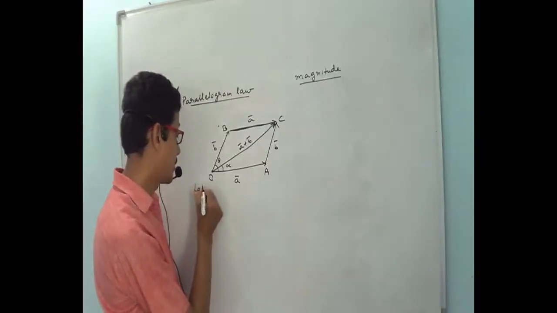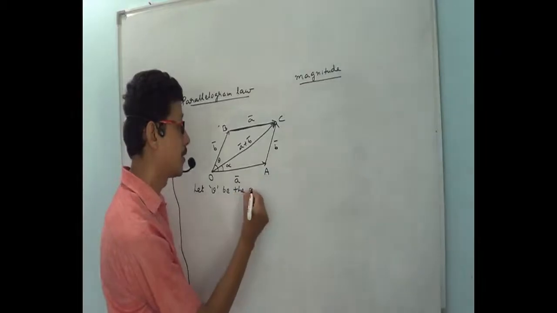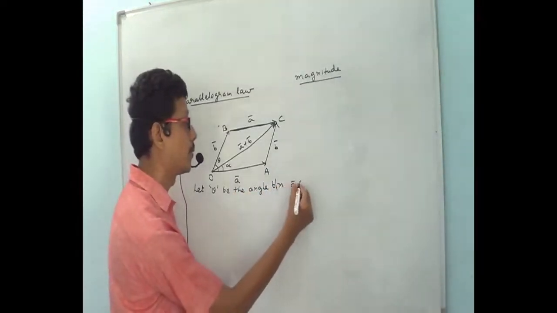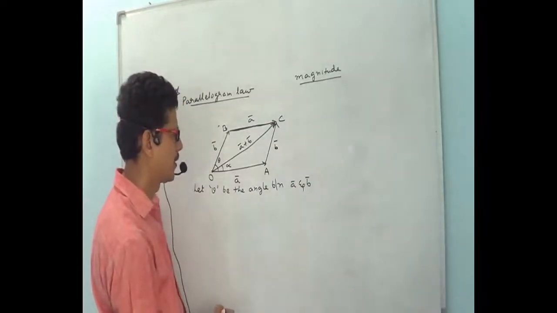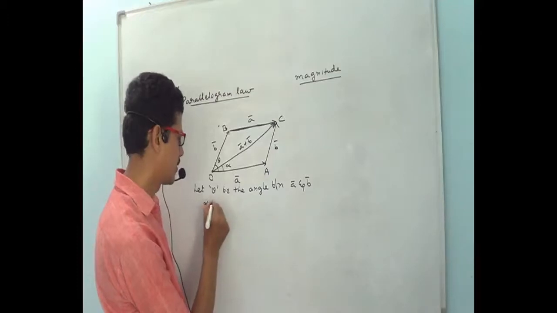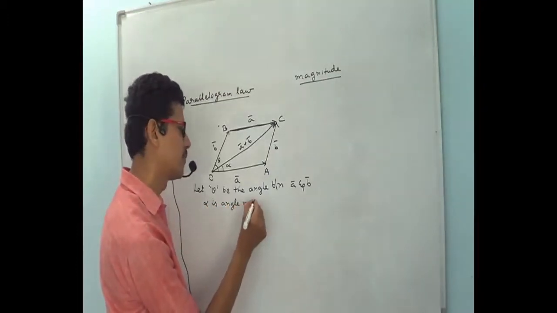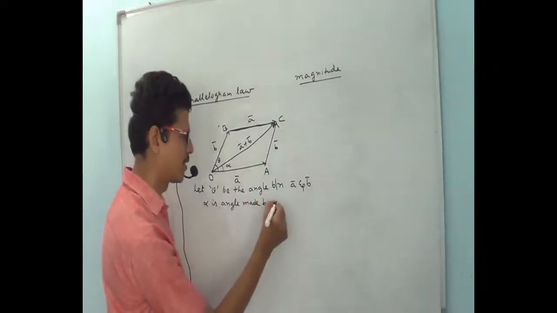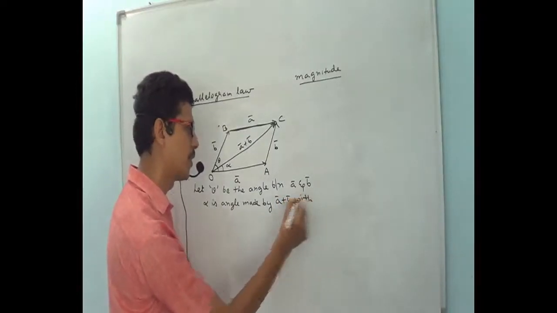What are our assumptions? Let theta be the angle between A bar and B bar, and alpha is the angle made by the resultant, resultant means A bar plus B bar, with A bar.